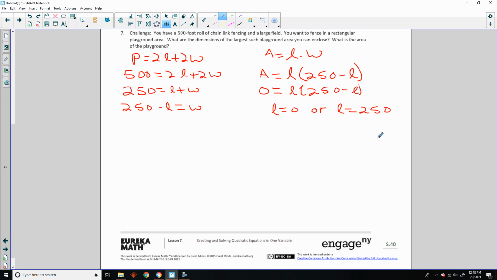That means the vertex of the equation is halfway between. In other words, this is a parabola, and the vertex is right here. The vertex is at L equals 125.